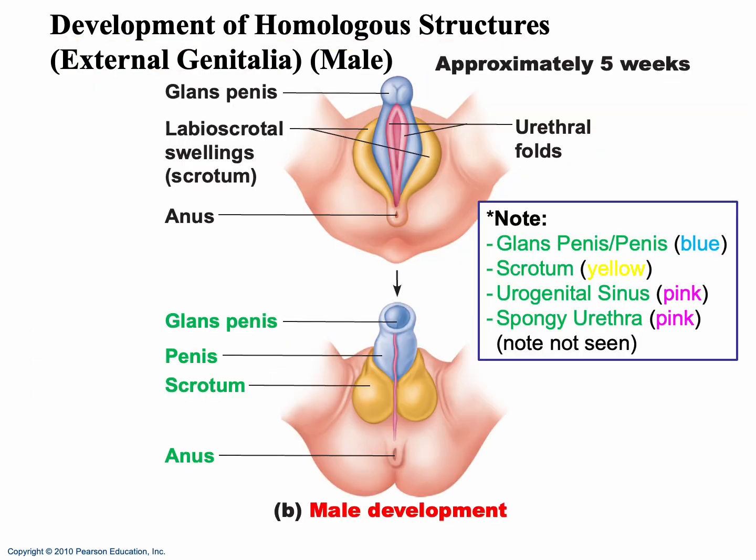Here we can see approximately 5 weeks of development, and we can see the development of these structures: the glans penis in the blue, the penis, the scrotum in yellow. Well, we can't see the spongy urethra, of course, but the urogenital sinus would be in the pink here.